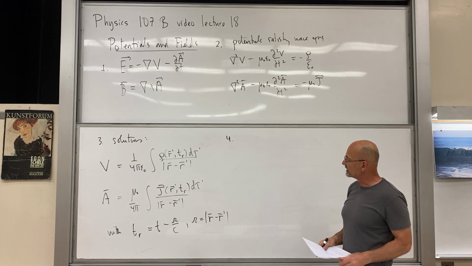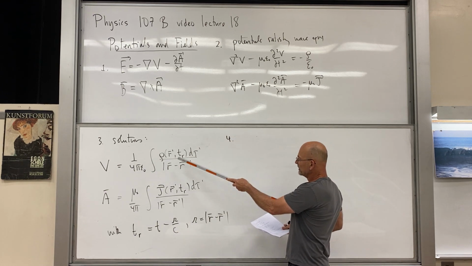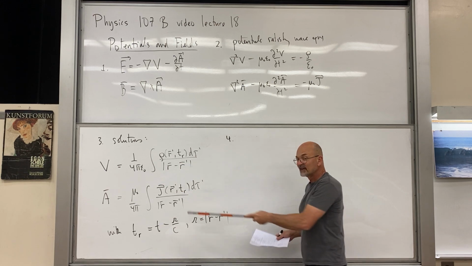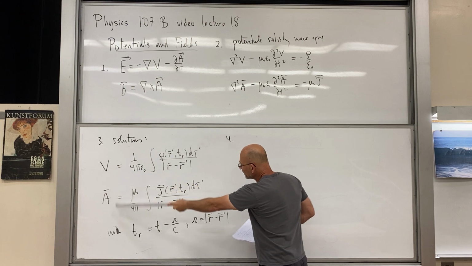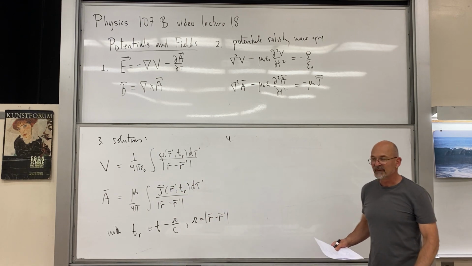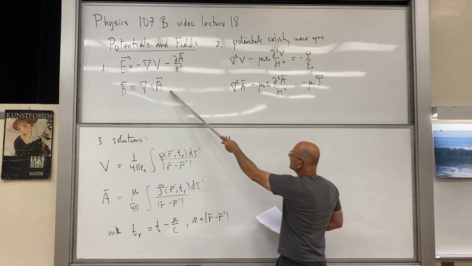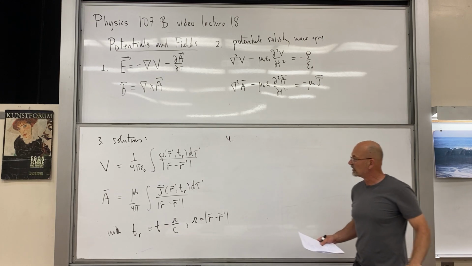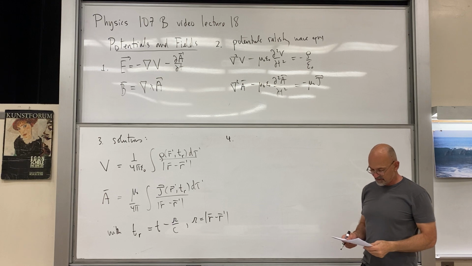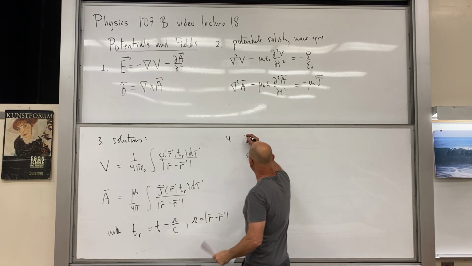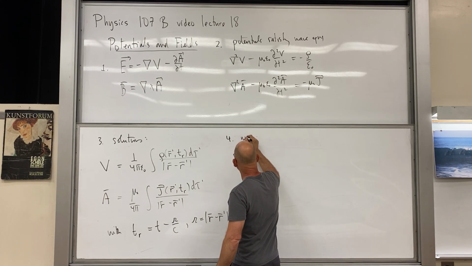We actually have to take a situation with a charge and current density and calculate these two integrals. And having done that, then we can get the fields by those standard expressions. Good, I think we have everything. So next, an example.